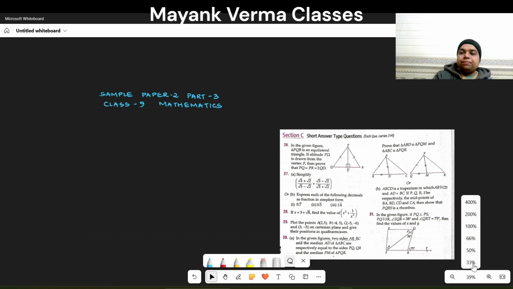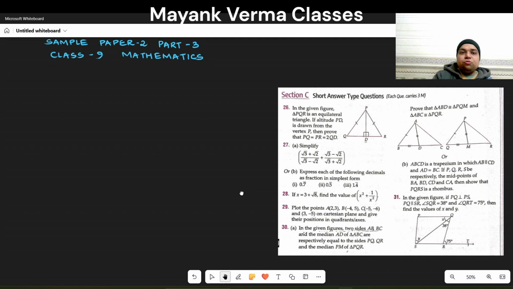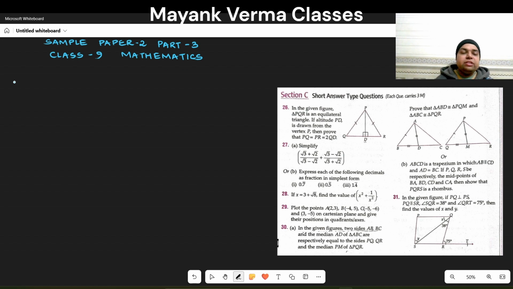Okay. So there are two things given to us. We need to simplify this: root 3 plus root 2 upon root 3 minus root 2, plus root 3 minus root 2 upon root 3 plus root 2.